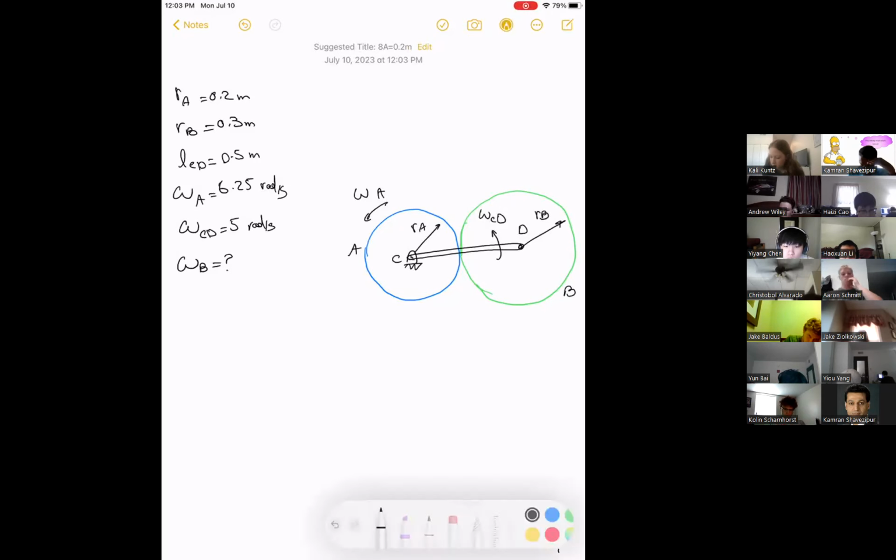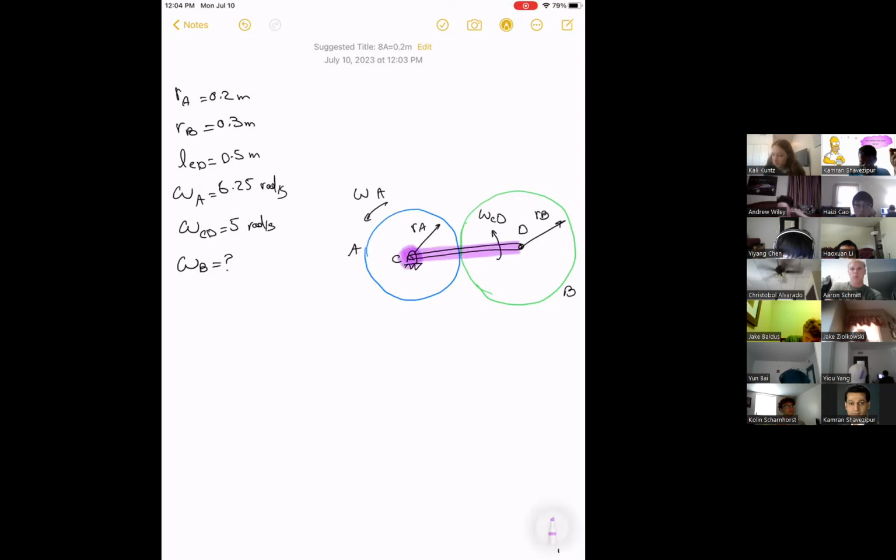Do you see that cylinder A is pinned here in the middle, right? It cannot have general motion. What kind of motion does A have? Rotation.